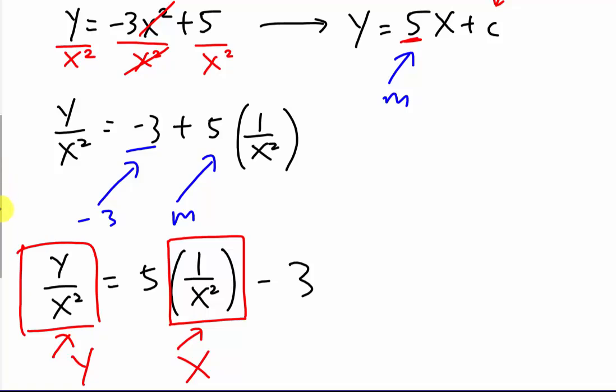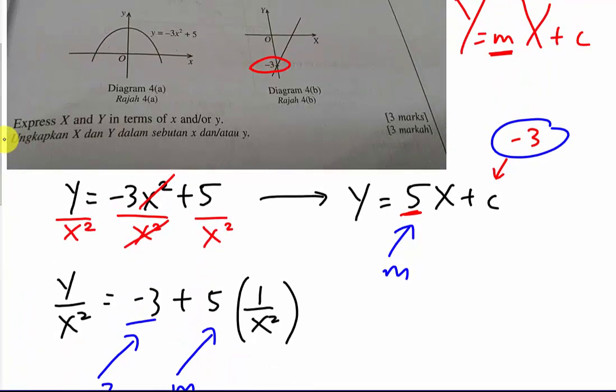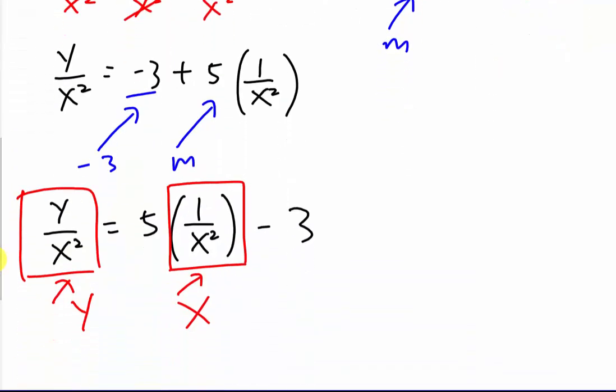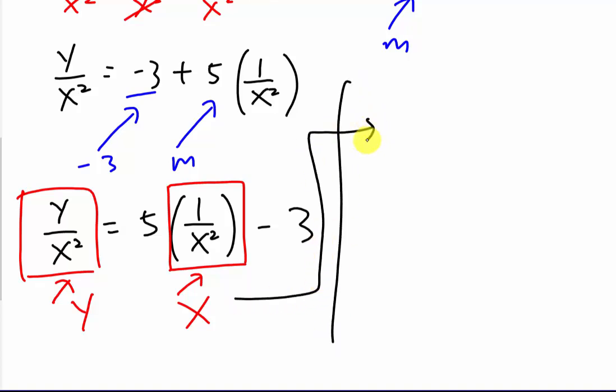Then I will see what the question wants. Express X and Y in terms of x or y. That means they want you to express. So at the end I will write like this. I will say capital Y equals y over x squared. Done, the first one.